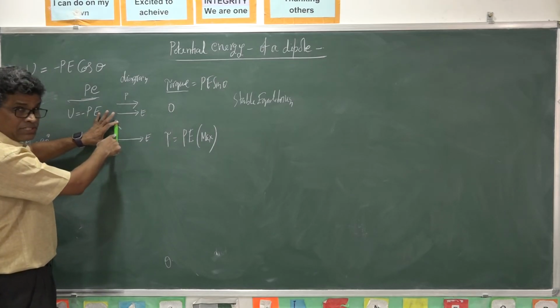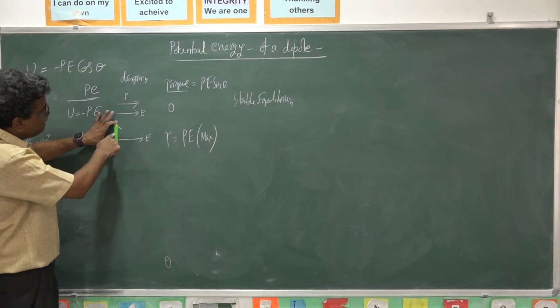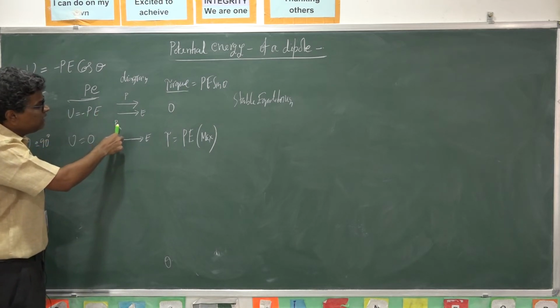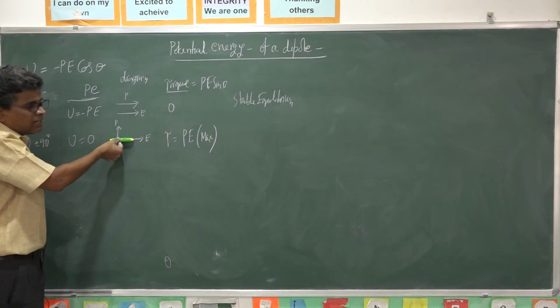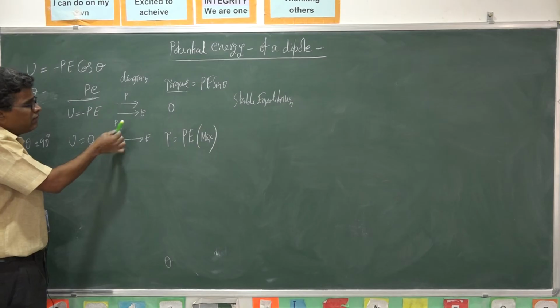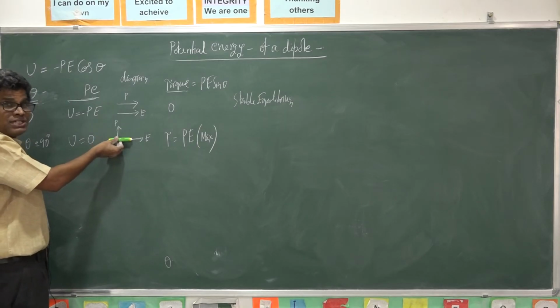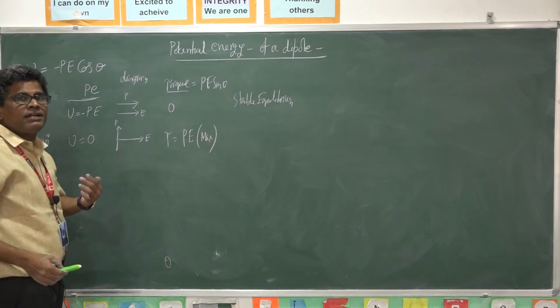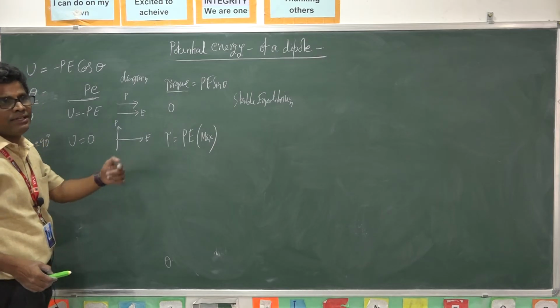If you leave it, that potential energy is converted into kinetic energy and it comes back. When it reaches the mean position, or stable equilibrium position, the entire potential energy is converted into kinetic energy.